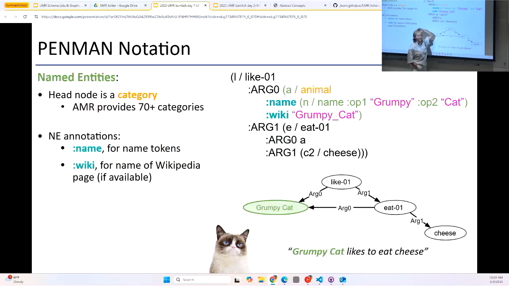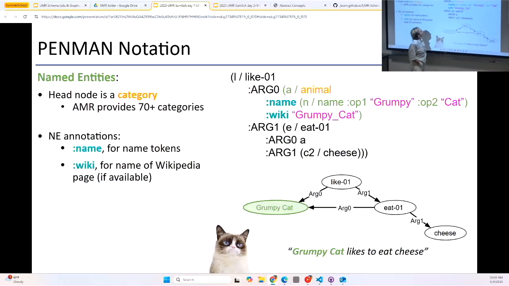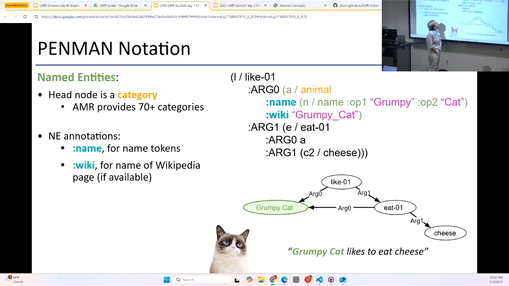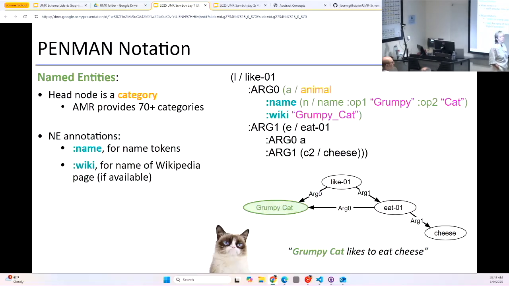Arg0 is an edge name that connects head and dependent. Animal is the dependent, and arg0 is the edge label for the dependency. Now inside arg0, there is name, and this is an edge, as you were saying. It is connecting animal and whatever is inside. Is that relation not a dependency relation? I think maybe part of the confusion is that you have an edge which is the same name as the actual node. So I'm asking whether we have different kinds of it.